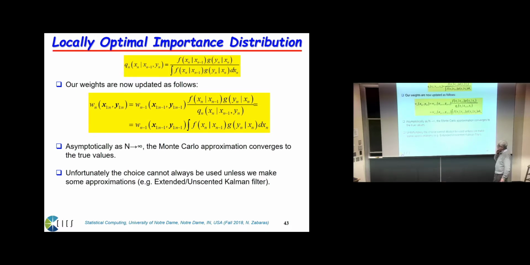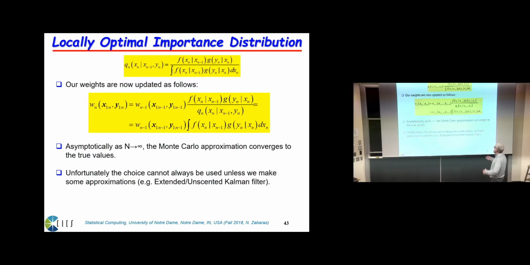If I have to compute an integral at each time, that can be extremely complicated. Literally, if you want to remember one thing, just remember that we're going to be sampling xn incrementally from this proposal distribution that is f times g divided by some normalizing factor, and somehow the incremental weights come out to be this normalizing factor because f and g cancel out, okay?